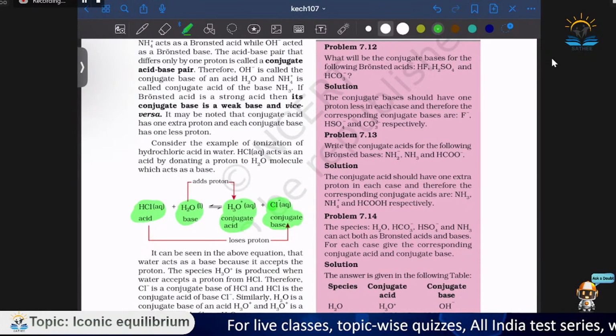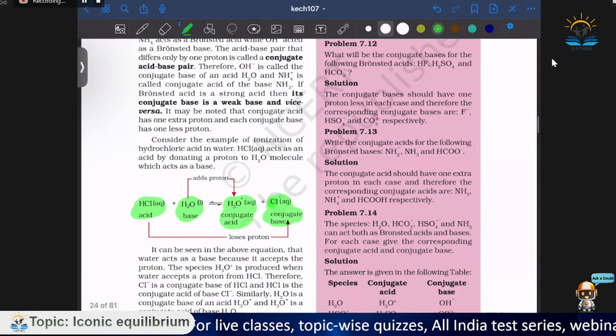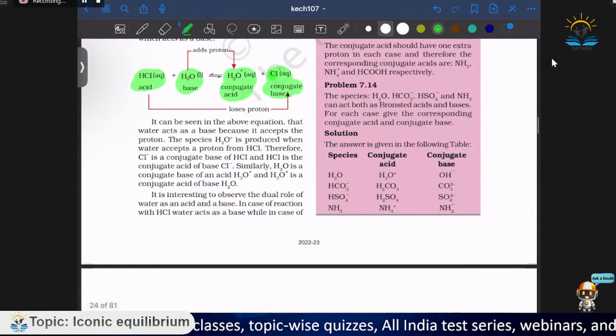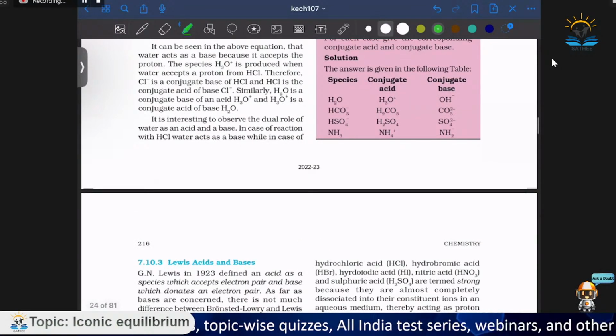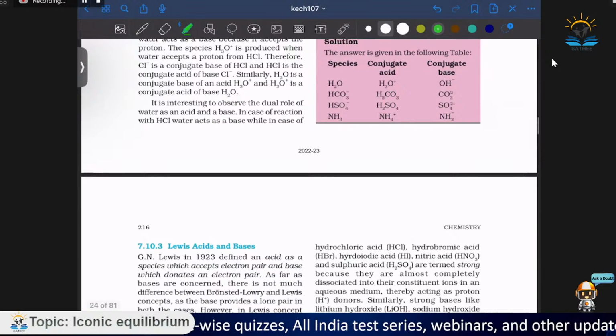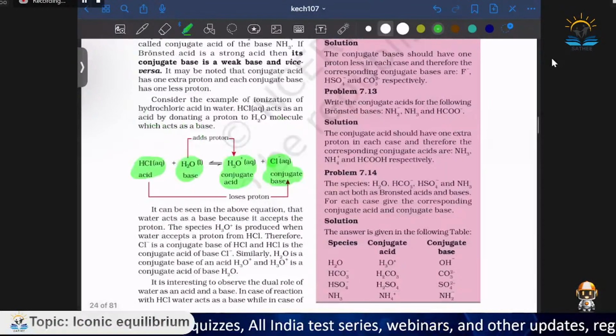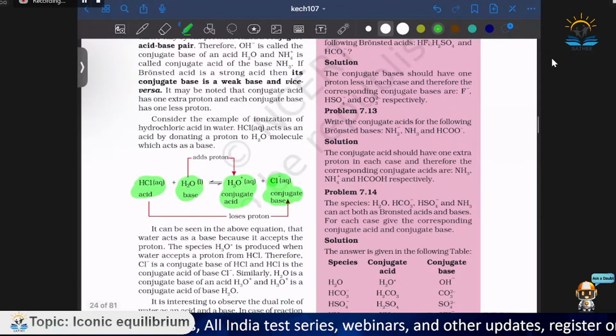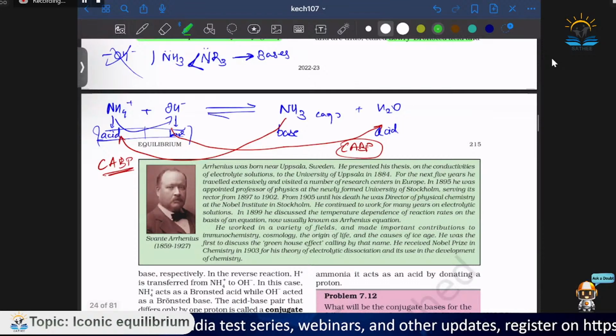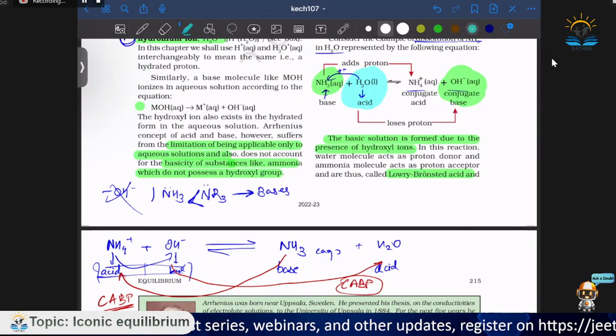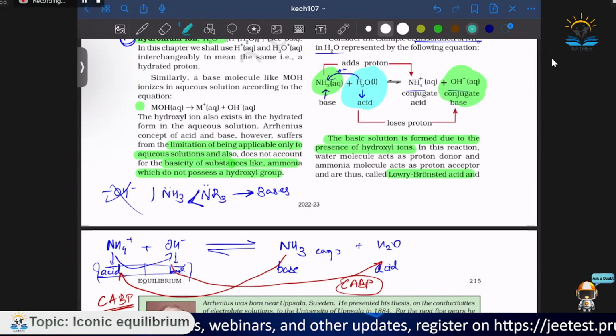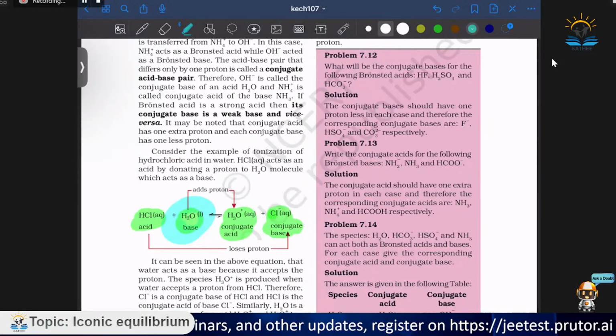Reverse. Okay. Here, have you noticed that water is acting as both acid and base? Okay, see, in the first one, water was acting as an acid, but in the second example, it has acted as a base. So yeah, water has a dual role.